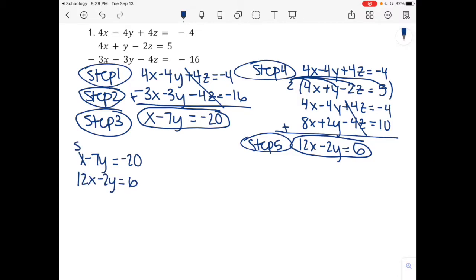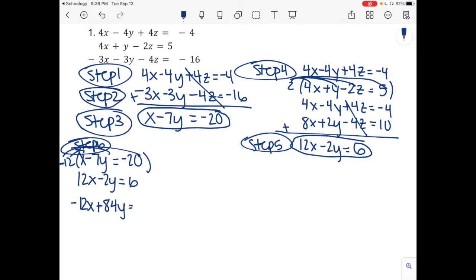And this is step number 6. So I need to decide to eliminate a variable. I think the easiest one here would probably be x because I just have to multiply the top by something. So I'm going to multiply by negative 12. So I've got negative 12x, and then negative 12 times negative 7 is positive 84y equals negative 12 times negative 20, which is 240.